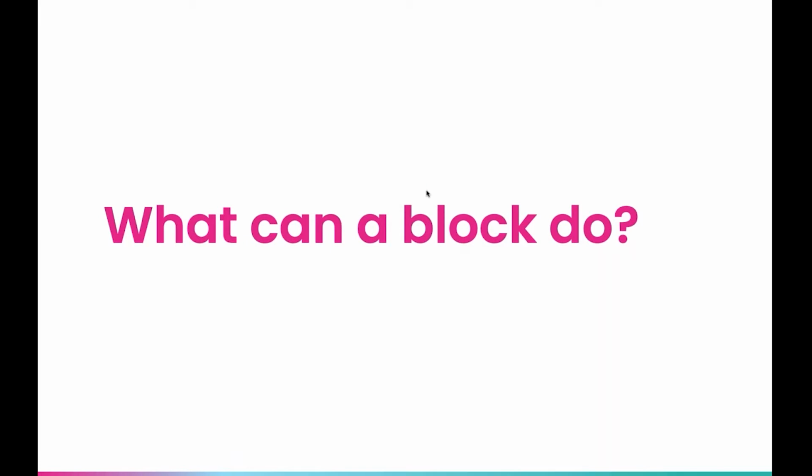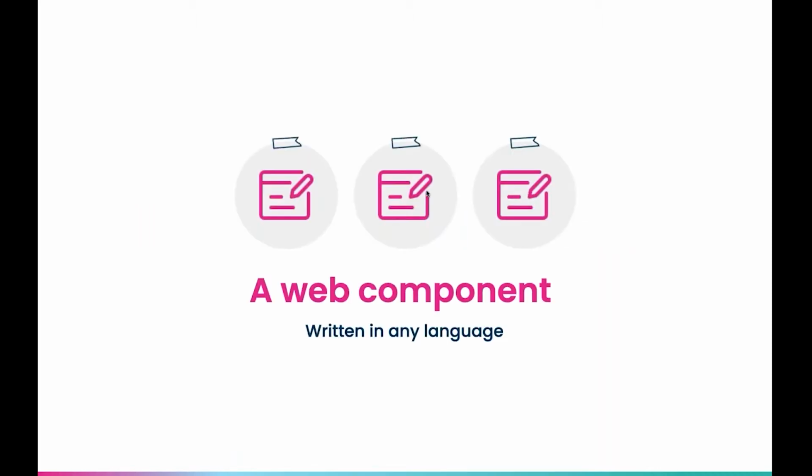So we've talked a little bit now about what is a block, but the next question is really about what can a block do, and what sort of things would you expect from it. The first thing it can be is a web component. This is probably going to be the most common type of block, and ultimately it returns HTML to a browser.